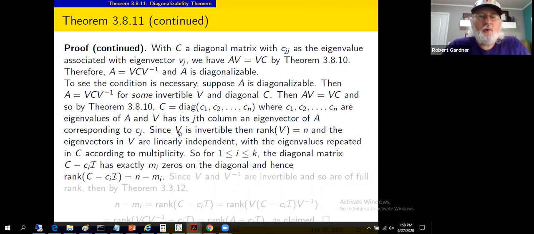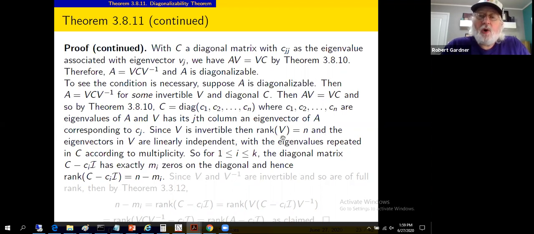So as warned in the past, we actually get a lot of mileage out of this Theorem 3.8.10 in these conversations of diagonalizability. V is invertible. We're working under the hypotheses that A equals V C V inverse. V is invertible, so the rank of V must be n. And so the eigenvectors in V must be linearly independent.